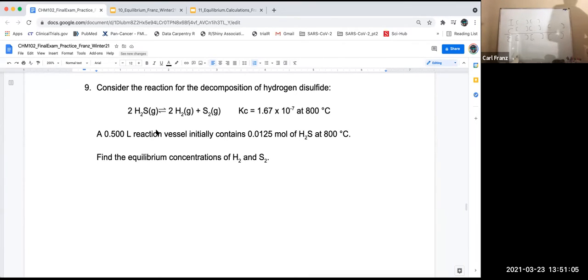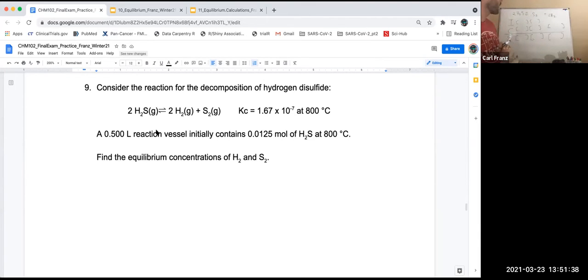Okay, so we got dihydrogen sulfide going to sulfur and hydrogen. And we got a 2 here, so we must have a 2 there.